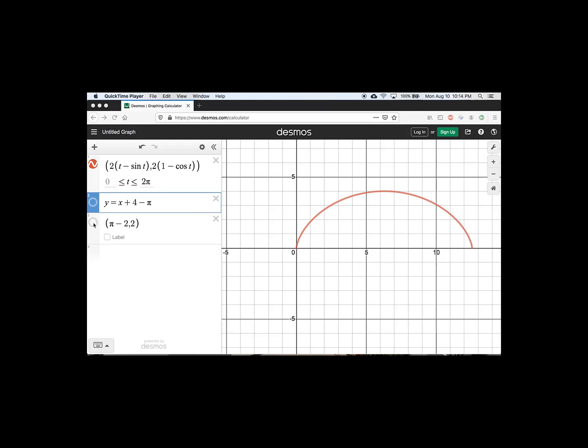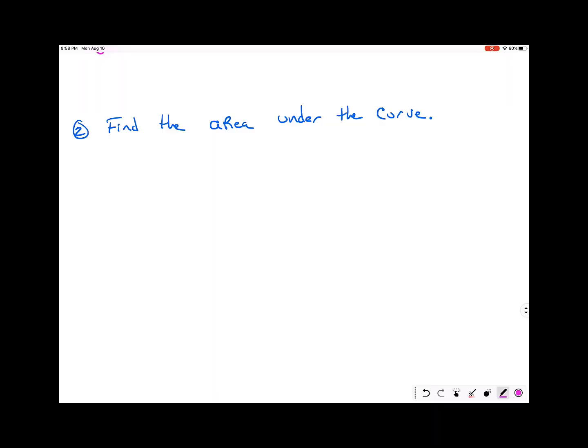And then the point that we're interested in was when t was equal to pi over 2. And so that corresponds to the point pi minus 2 comma 2. So that's this point. And then the tangent line was y equals x plus 4 minus pi. And so that's the tangent line that just touches that point.